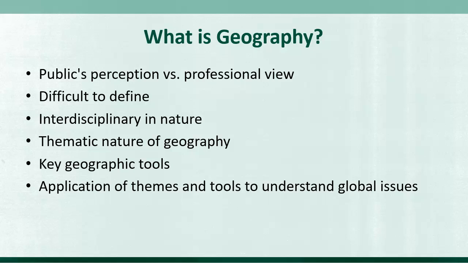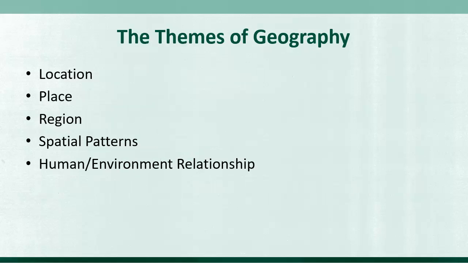We engage in both physical geography, which is handled in another course, though elements of it will come into this more human geography course, where we use basic themes in geography, which I'll introduce in just a little bit, to try to understand the world. At the same time, we use specific types of tools like maps and geographic data. We apply all these themes and tools to try to understand how the world works.